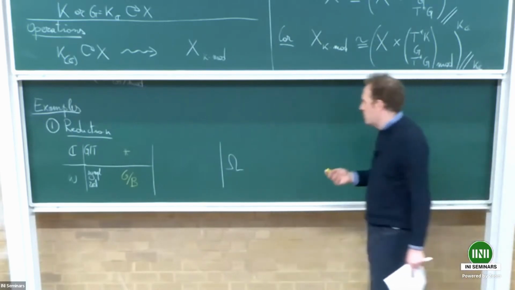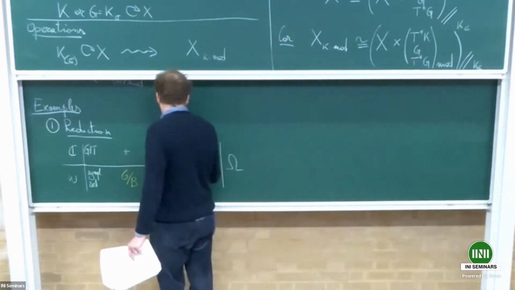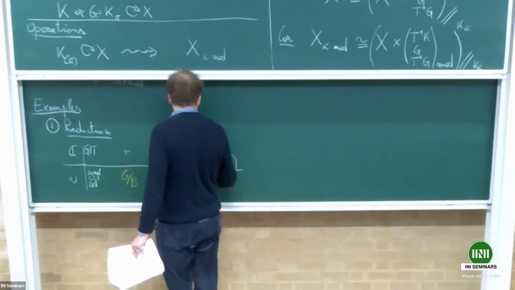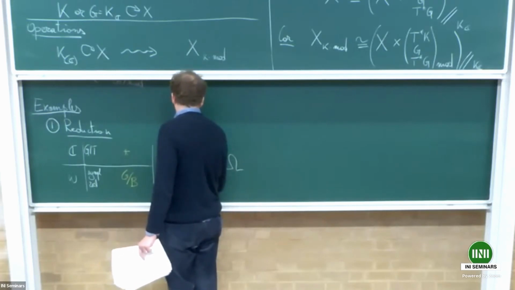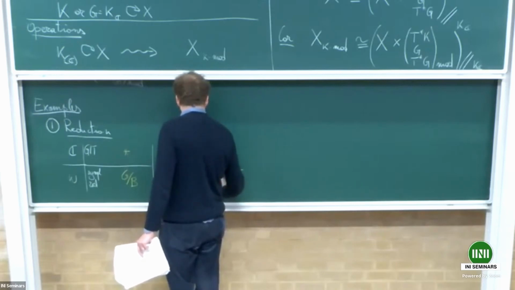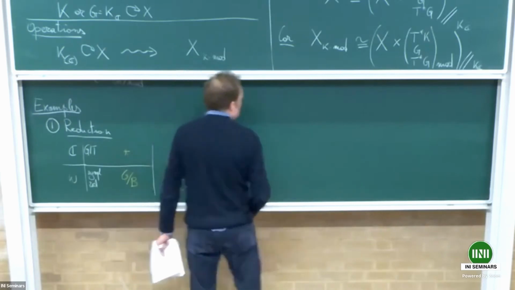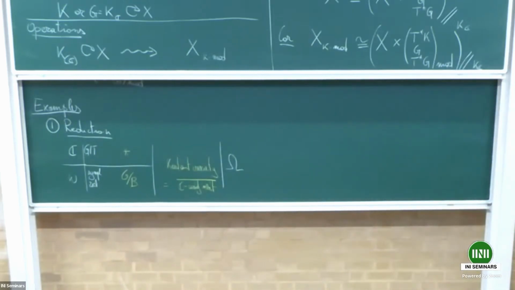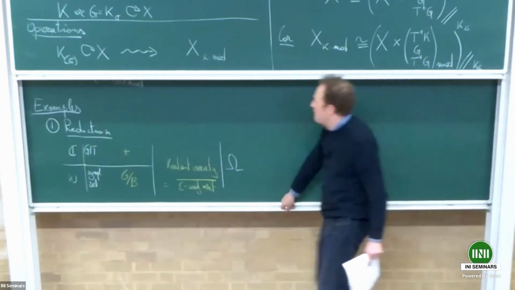And so what you end up with is what is known as a nilpotent orbit closure, which is the closure of a complex coadjoint orbit. So that's the first example. Not particularly interesting, but it falls within this pattern.